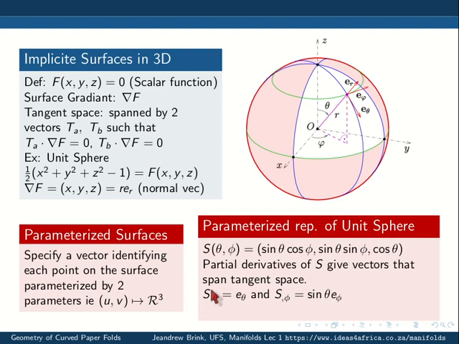If you take the derivative with respect to theta, you simply get e theta, and if you take the derivative with respect to phi, you get a rescaled version of e phi. So our tangent vectors are the partial derivatives of the parameterization of the surface S.